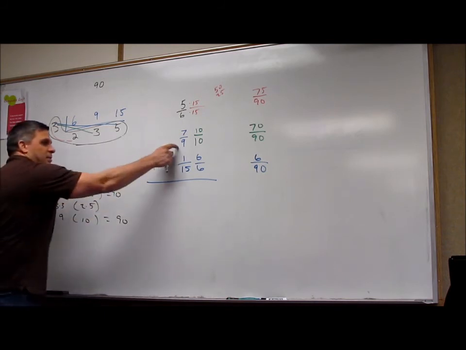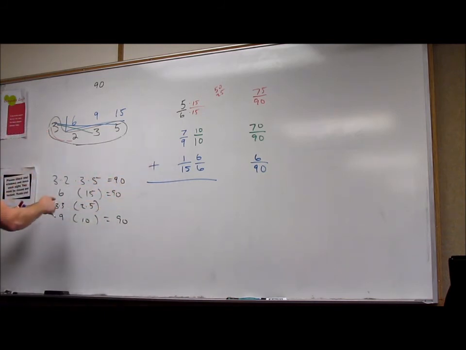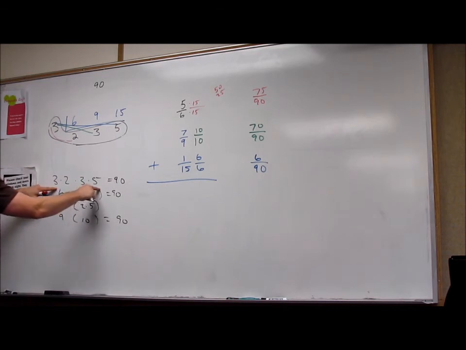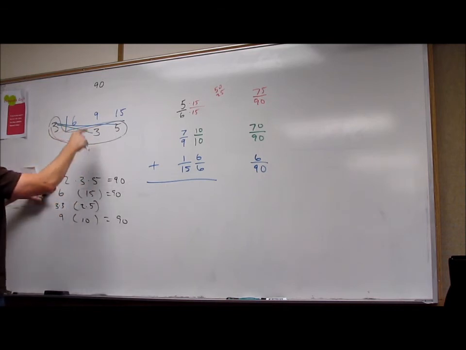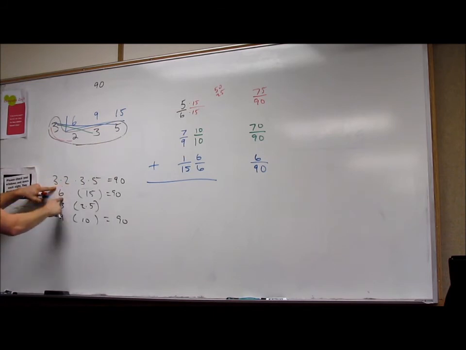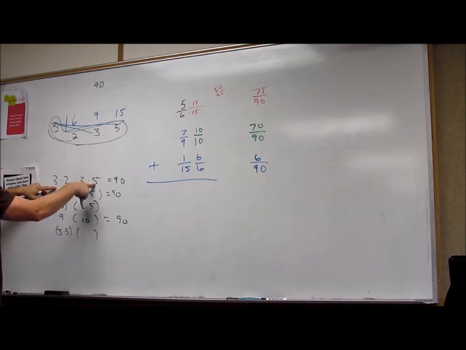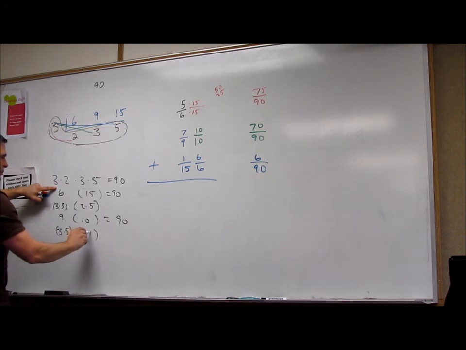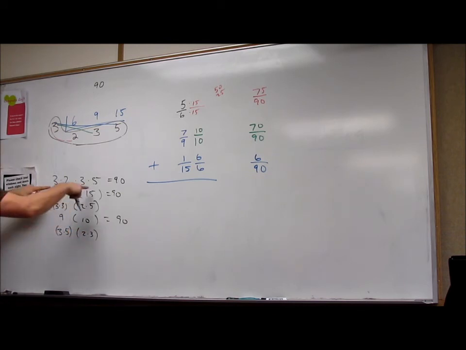That's how I got this one. And then I said, well, wait a minute. It's always these numbers, right? Well, 3 times 2 is 6, 3 times 3 is 9, and 3 times 5, and then what numbers are left? Which is 2 and 3. So boom, these two are left, 2 and 3.